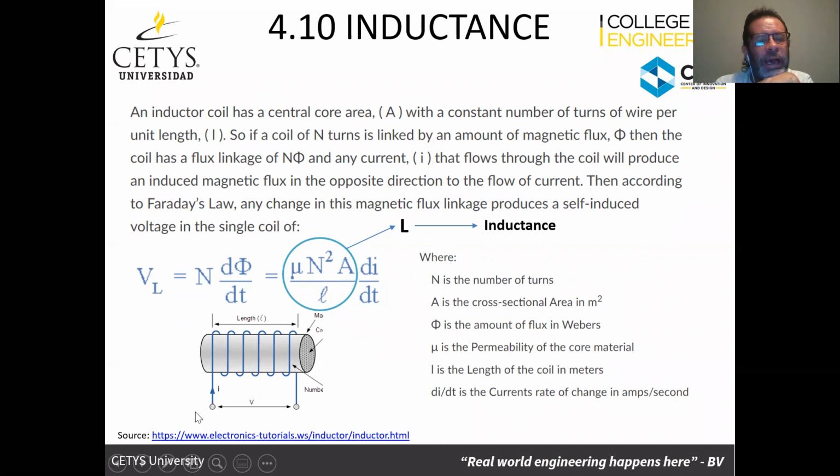If we have a coil and we have an applied voltage, the change in the magnetic flux is going to have a proportionality, and that proportionality is given by the turns. We can substitute some values here, leaving everything with regards to the cross-sectional area, the length of the wire, and the permeability of the material, and multiply that by the differential in current.